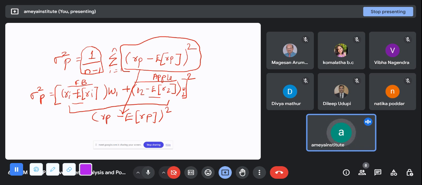Let's say Facebook and Apple, there are two assets. When we are writing this formula square p, let's assume this is a, meaning Facebook, and Apple is b. So this is a and this is your b part.